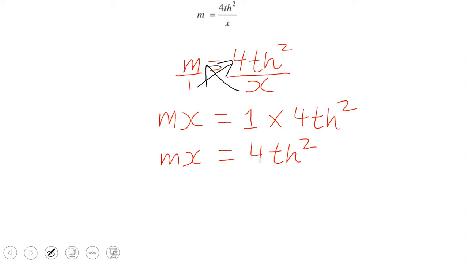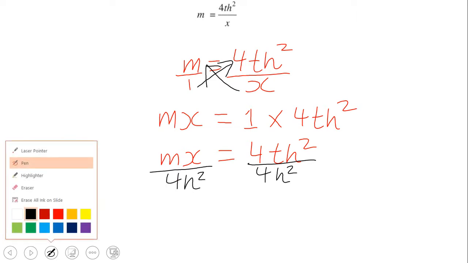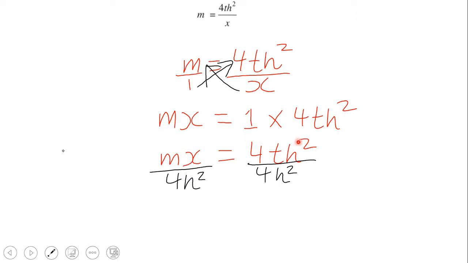Next, we are going to divide both sides by, notice that we're trying to get rid of the 4 and the h squared. The reason being, we want t on one side, everything else on the other. So we need to divide both sides by 4h squared. Again, we're doing that because we want to get rid of the 4 and the h squared.